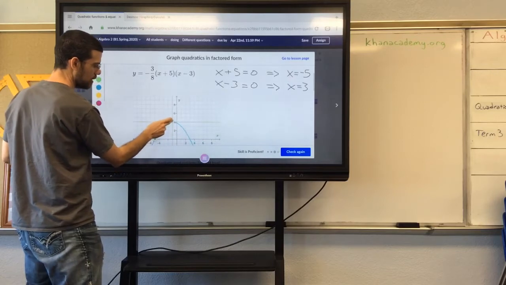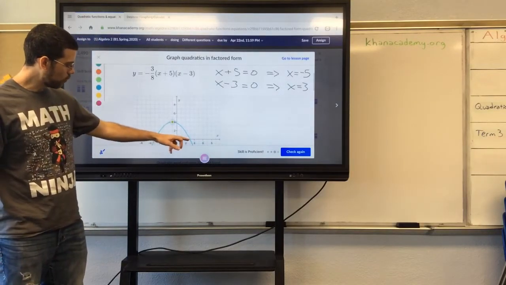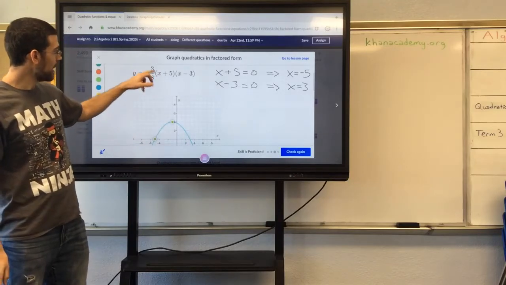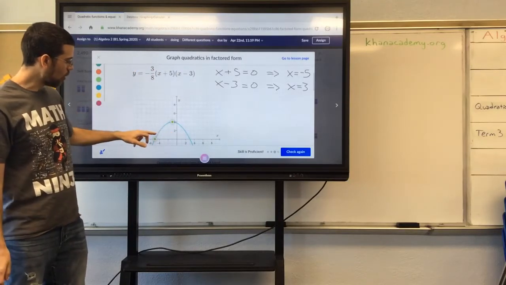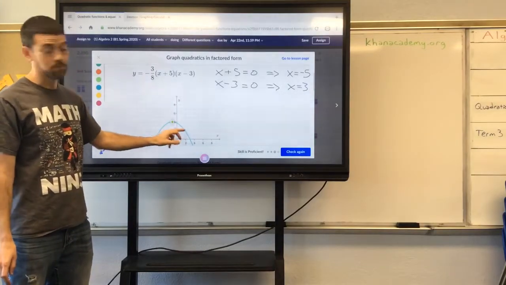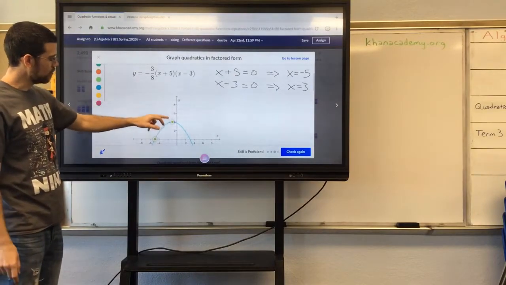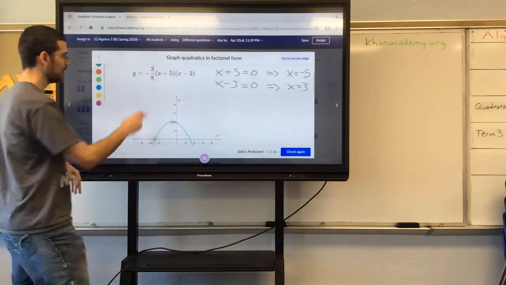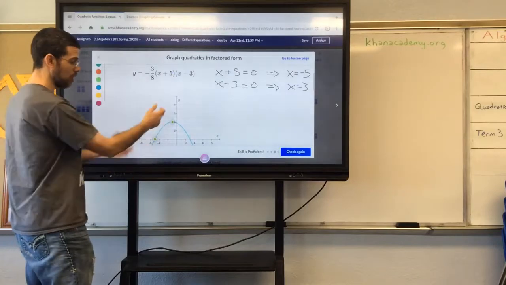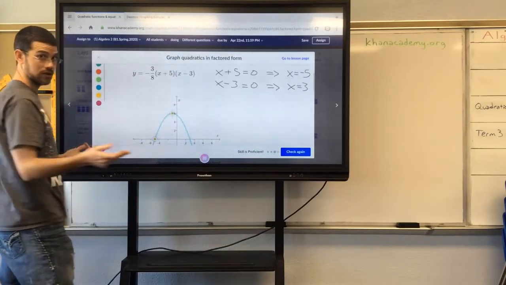So we know we need x to equal negative 1 in order for our x-intercepts, our zeros for our function, to be at negative 5 and positive 3. So if I substitute negative 1 for x, I can figure out where the y coordinate has to be for this.